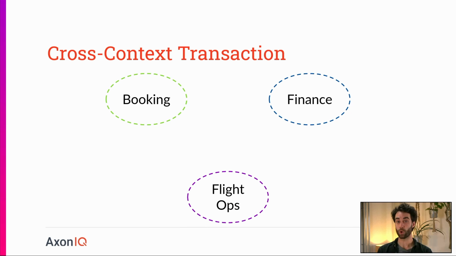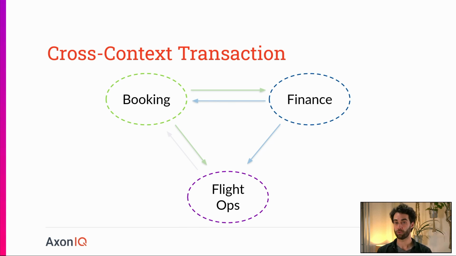They essentially belong to one big domain where you're dealing with flight specifics, but there are subdomains in this, essentially different contexts, so to speak, which do a form of context mapping. When you have such a cross-context transaction where booking knows some specifics when a flight is being booked, finance needs to be aware of this to know that the funds need to come in, and flight operations needs to know how to set the seats for this new booking once the finances are in.